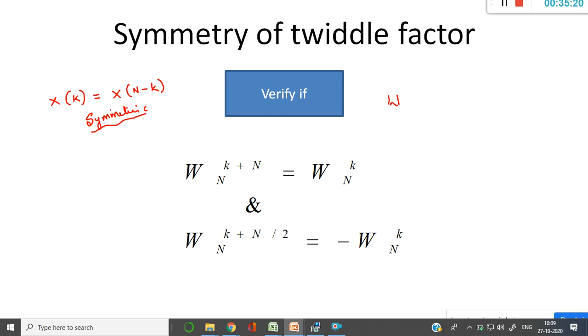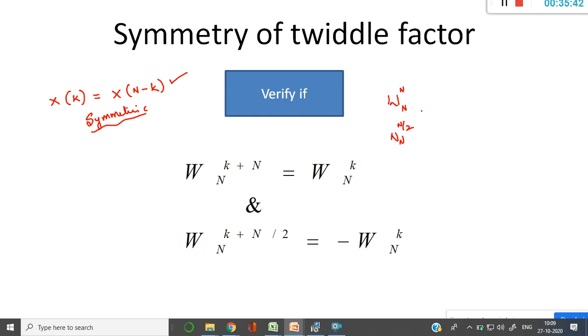After some period, the values are going to repeat. So this is one important concept that you should remember. The second important concept is the Twiddle factor, W_N to the power of N and W_N to the power of N by 2. These two important concepts you need to understand.